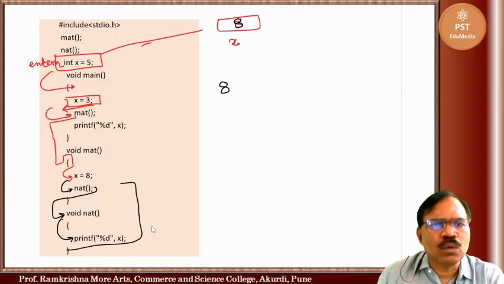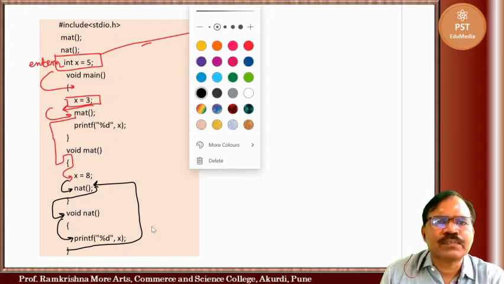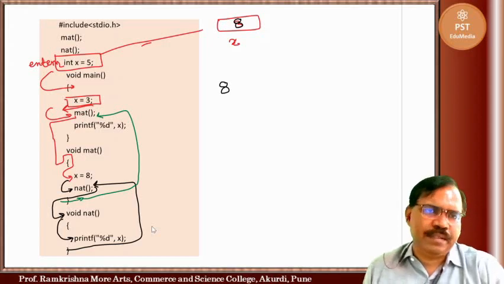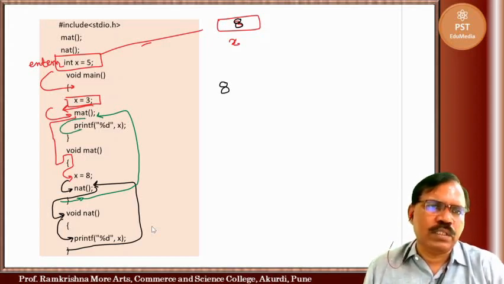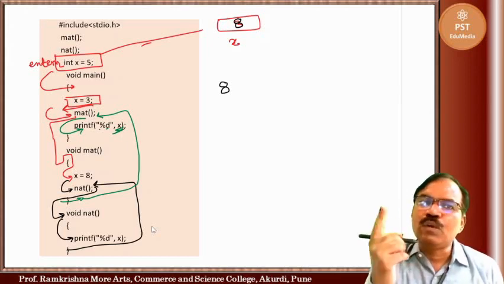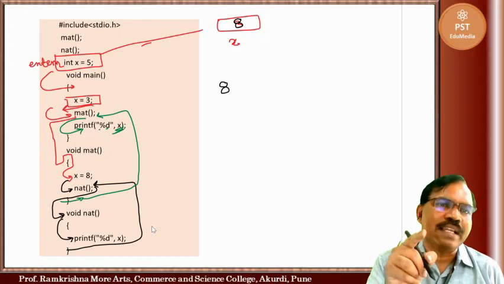So it will go to the calling point. From there it will go to the end of mat function, and return to the calling point in main. And then it will go here to printf %d x. Now here x is not a local variable.